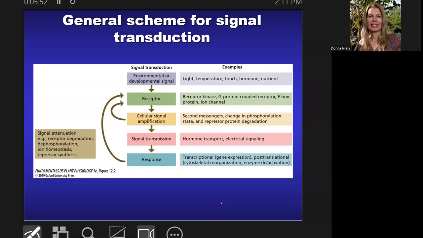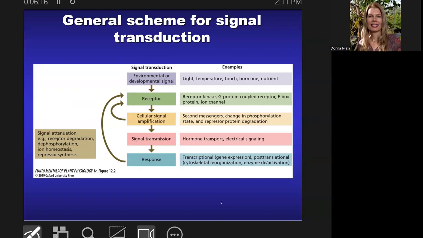They kind of amplify the signal. And then the transmission or transduction phase often involves hormones or electrical signaling as part of that process. And then you get the response, which ultimately typically is a change in gene expression to respond to that signal that they initially have received.